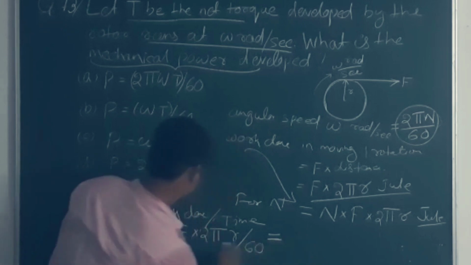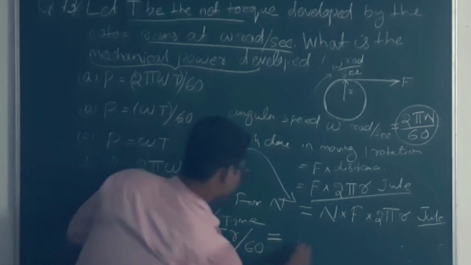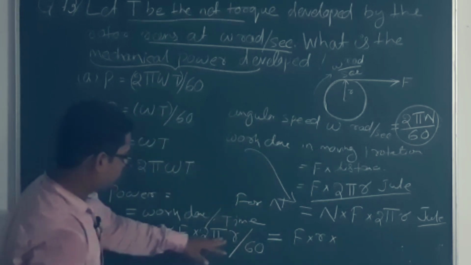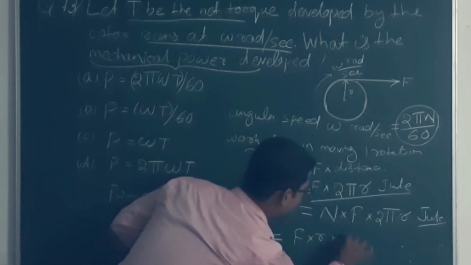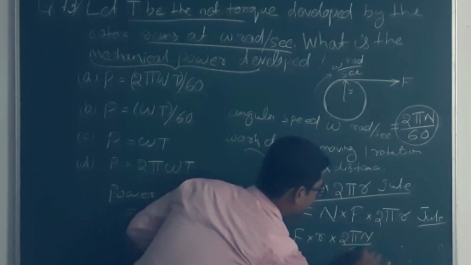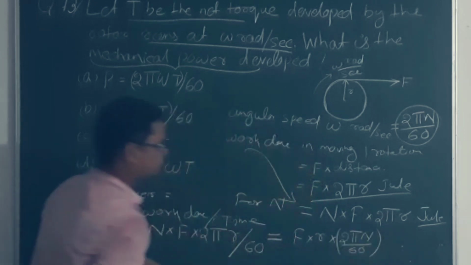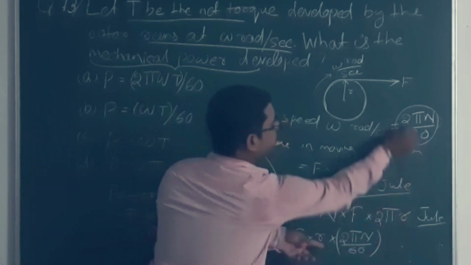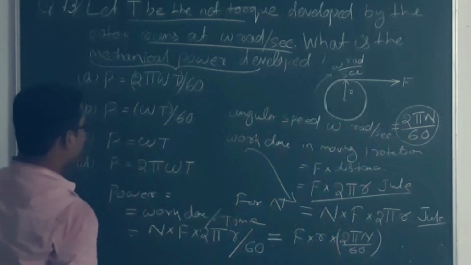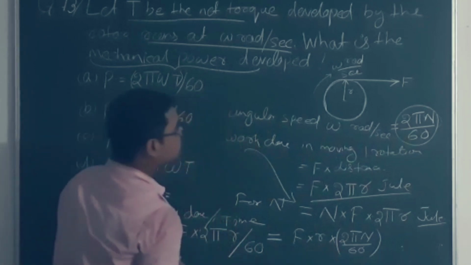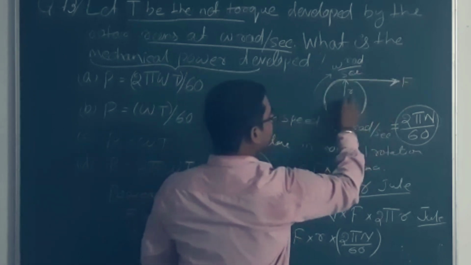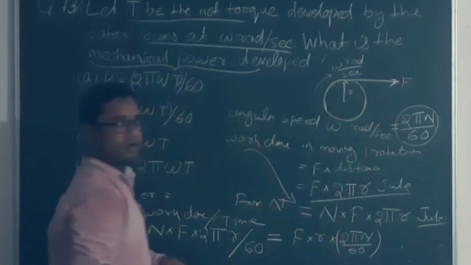It will be F into R into 2 pi n divided by 60. So 2 pi n divided by 60 will be omega, and F into R is your torque, force into distance. I have covered that force into distance is torque.